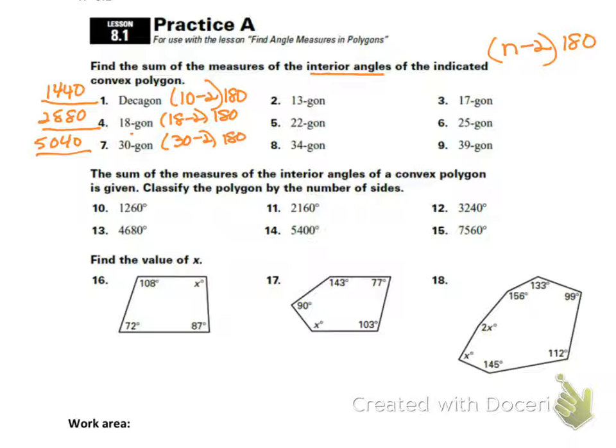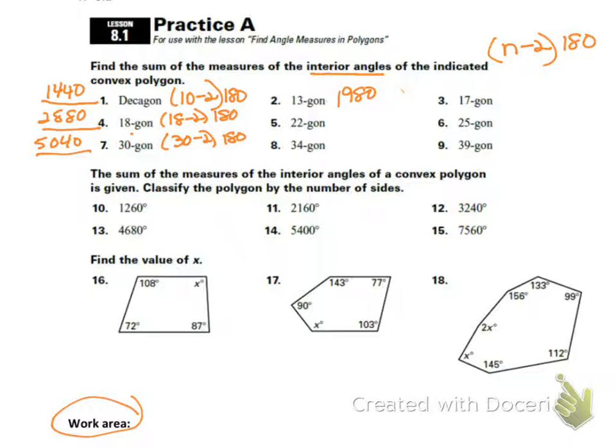So I want you to show your work down here. Okay, I can't fit that on my screen, so I'm squeezing it up here. But show your work for these problems so that I can see that you are internalizing your formula here. I'm not going to do this because I'm going to run out of room, but I'll tell you what all the answers are. So this should have been 1980.